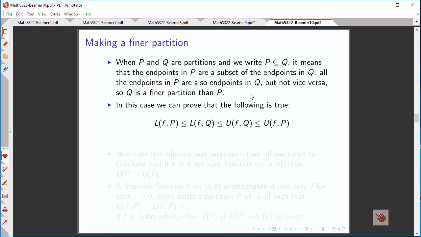In that case, we're going to be able to prove the following. Clearly, for the finer subdivision, the lower Darboux sum is less than or equal to the upper Darboux sum. And we can also prove that for a finer subdivision, we get a larger lower sum, and for a finer subdivision, we get a smaller upper sum.